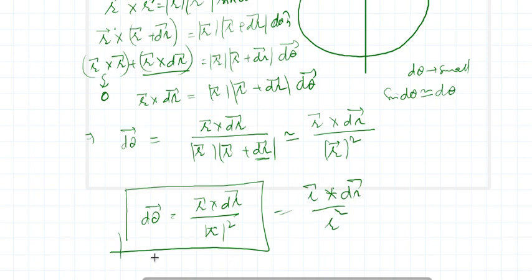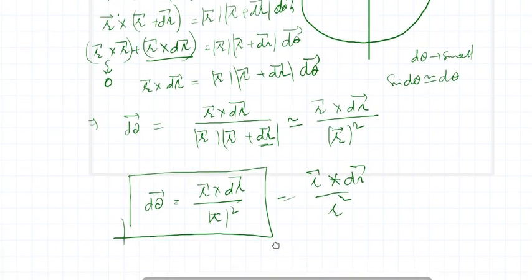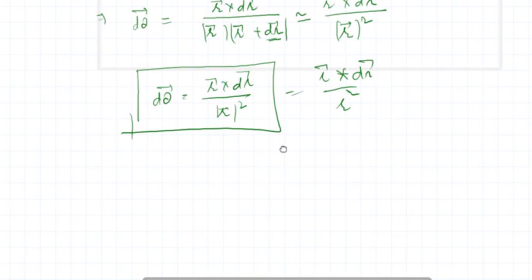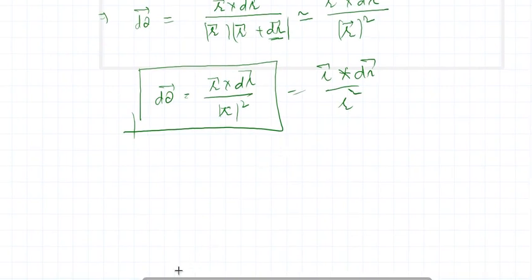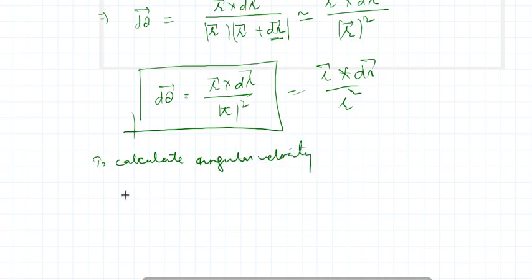Now we have to find out the angular velocity. So to find that, let us proceed as follows. For that we have to take the cross product. So to calculate angular velocity, let us take the cross product of d theta with respect to r.